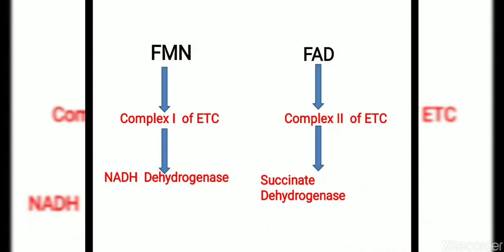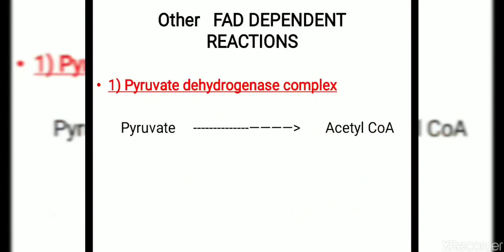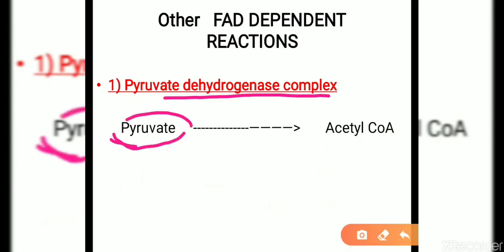So let's see what the other enzymes are which require FAD. Other FAD dependent enzymes: just remember the multi-enzyme complexes. There are three multi-enzyme complexes. One is the pyruvate dehydrogenase enzyme complex, which catalyzes oxidative decarboxylation of pyruvate into acetyl-CoA.